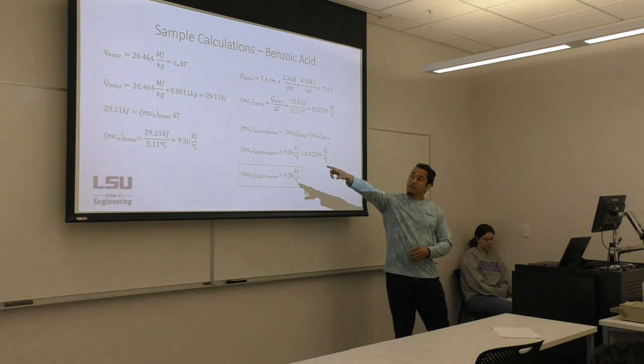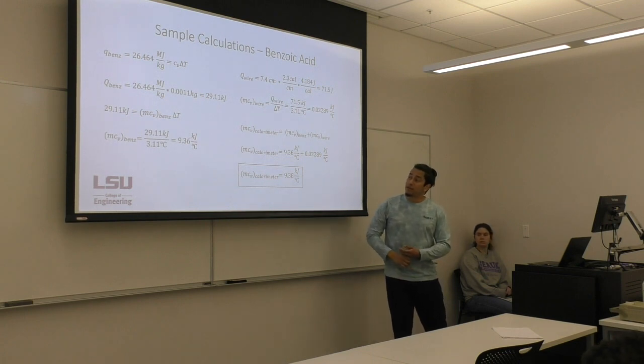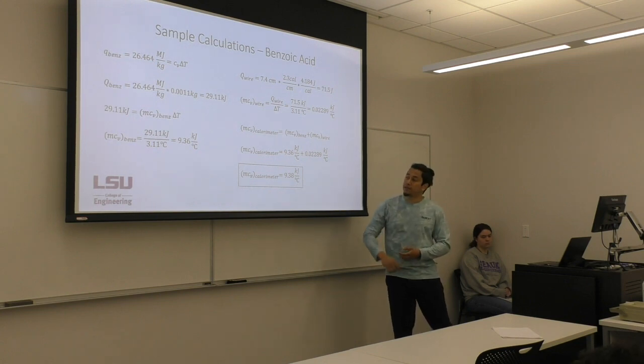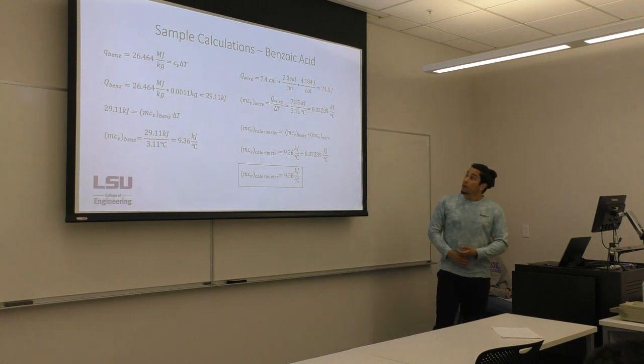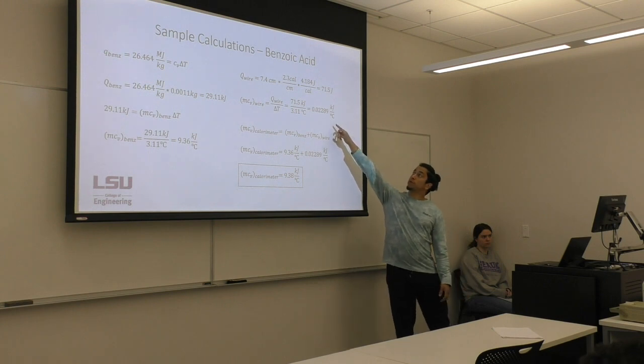Now, we set that to the left, and we move mass to the right, combine it with CV to get our thermal capacitance, and we can use the equation mentioned previously, and we end up with a thermal capacitance of the benzoic acid as 9.36. We do a similar process for the wire, and we end up with a thermal capacitance of 0.02289.